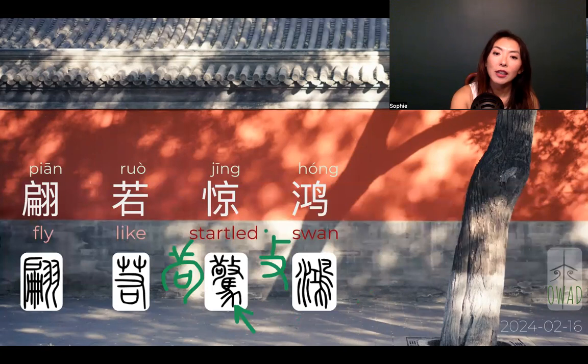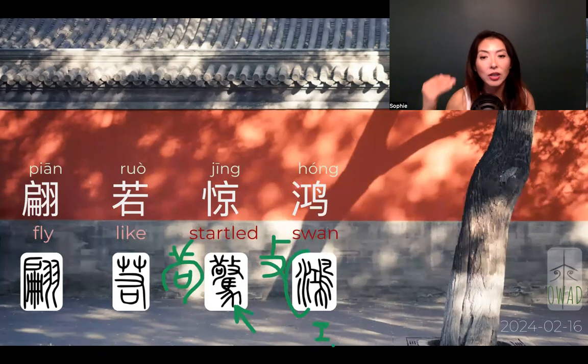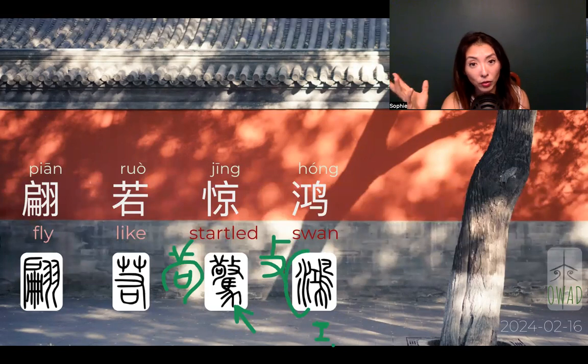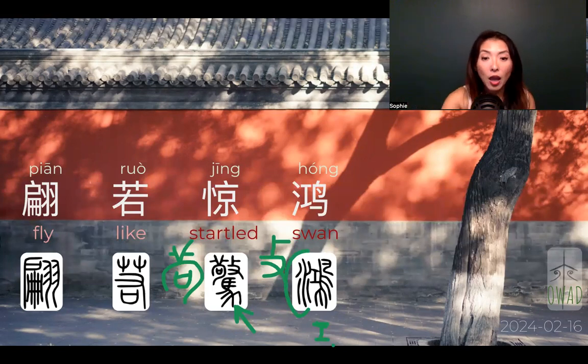Okay. 鸿, we have the water sign on the left. This is the craft, ancient engineering symbol, the perpendicular angle maker, the type of tool ancient engineers would use to create buildings, to make sure buildings don't collapse. So that's craftsmanship.